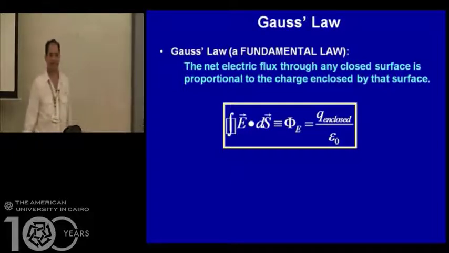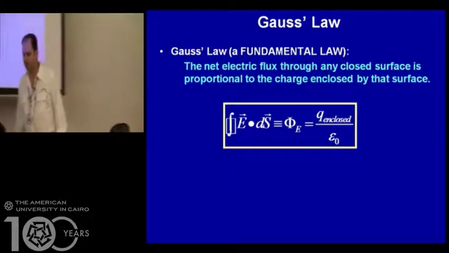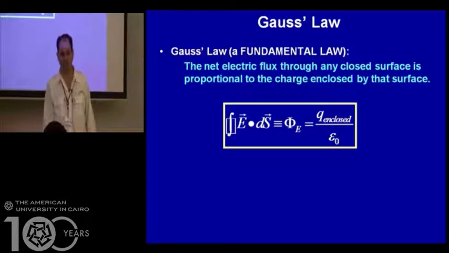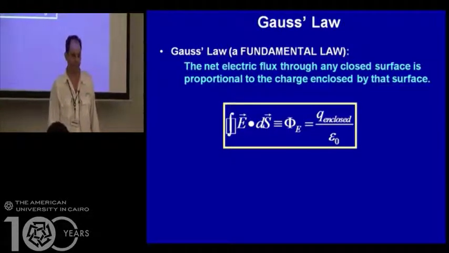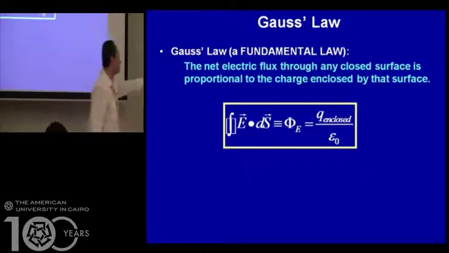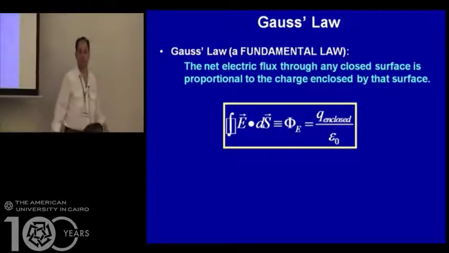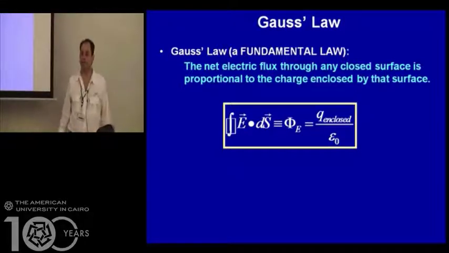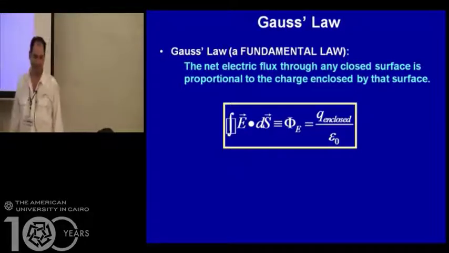And I'm going to call that cylinder Gauss's surface. Okay? Now, over that Gauss surface, we can calculate the flux. We should be able to find out the electric field.